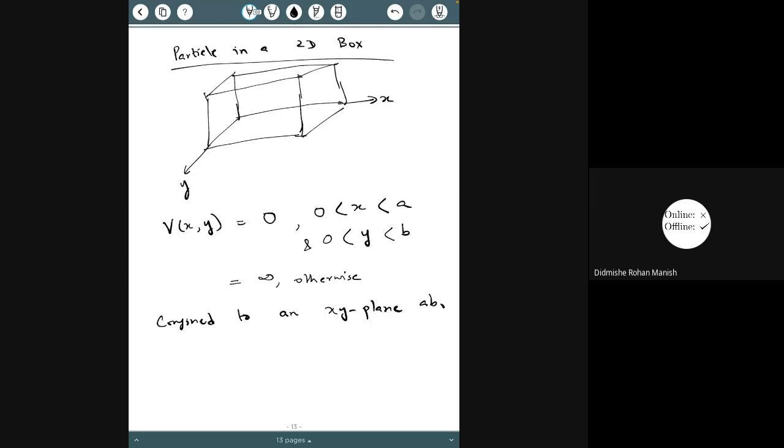Now, the Hamiltonian for this is again quite easy, in that it can just move in x and y direction. So it has kinetic energies in the two directions. So H psi equal to E psi.